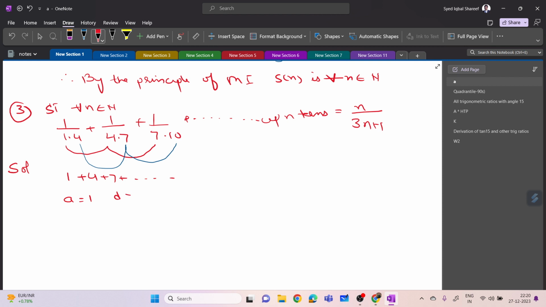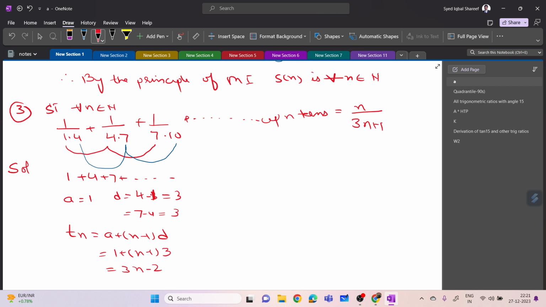A equals 1, common difference is t2 minus t1. What is the n-th term of the series? Tn equals a plus n minus 1 into d. So a is 1, so it is 3n minus 2.